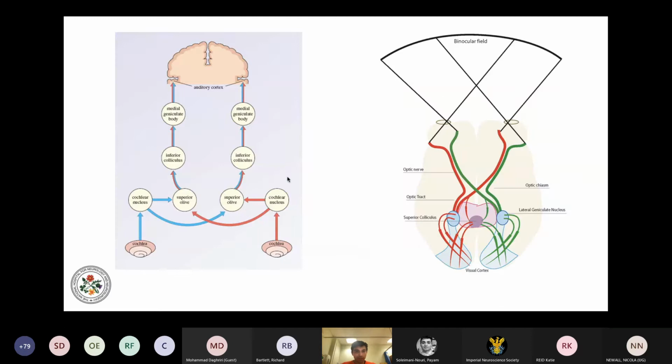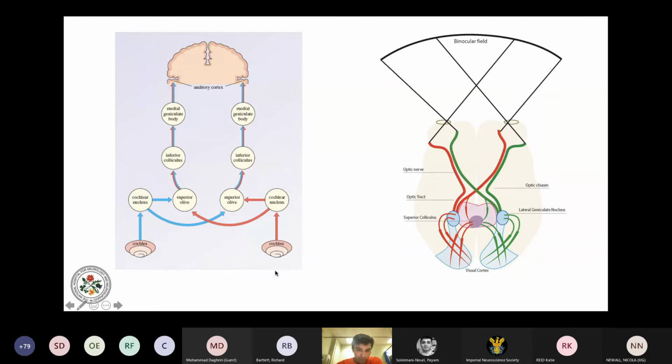I'll show you why. Both these diagrams are ones I'm sure you've drawn to death. For the optic tracts, as you can see from the different pathways, they go to the optic chiasm, they decussate, superior colliculus, and here the lateral geniculate nucleus, which we've talked about, this important thalamic structure, and then back to the visual cortex for further visual processing.